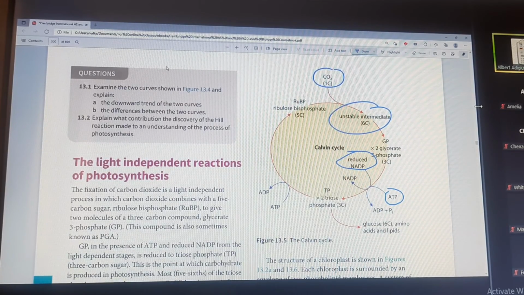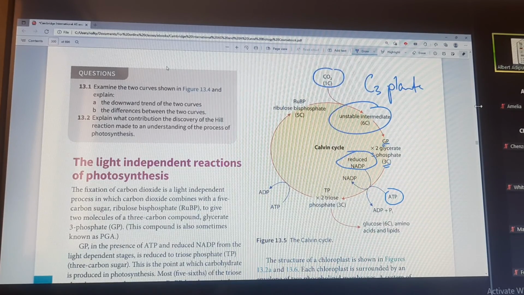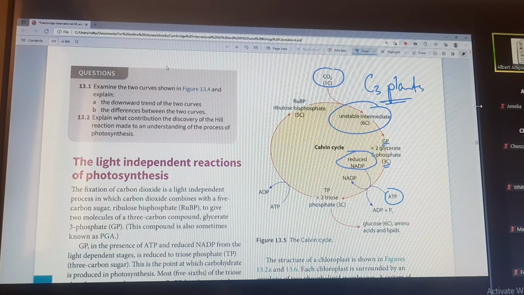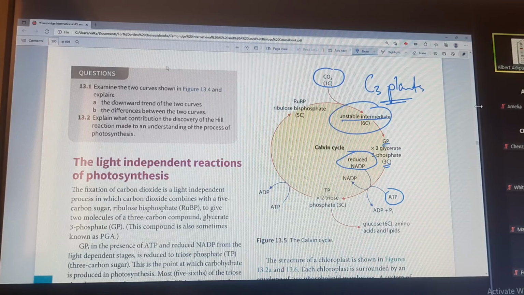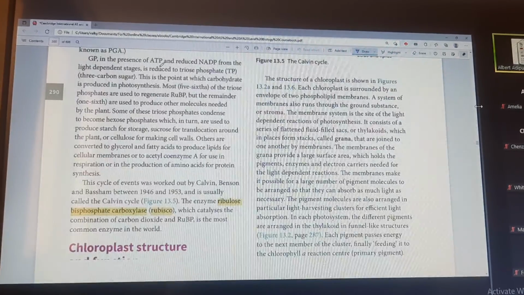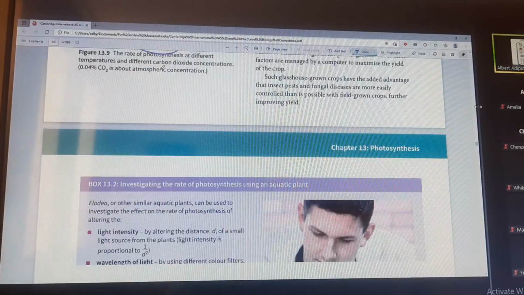Shortly after its formation, it breaks into GP with 3 carbon atoms each. Therefore, the plants that carry out this Calvin cycle are called C3 plants. Not C6 plants, but C3 plants. Once again, because this intermediate compound is highly unstable, it breaks down the moment it is formed. That's just to differentiate C3 from C4.